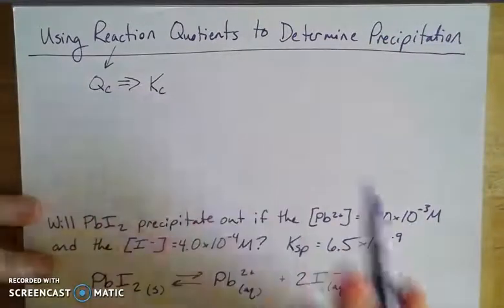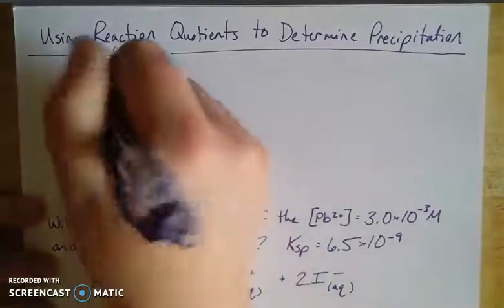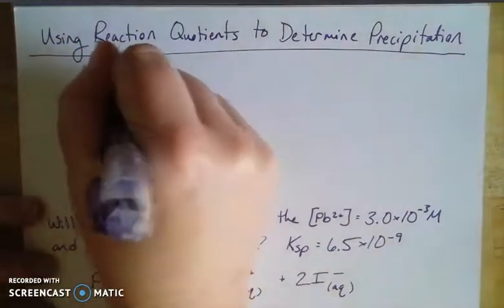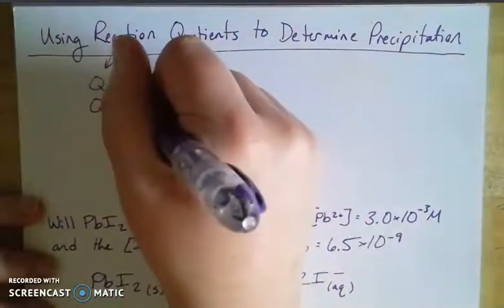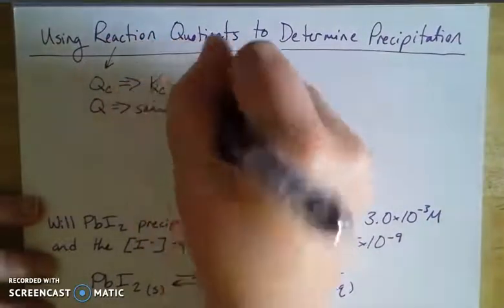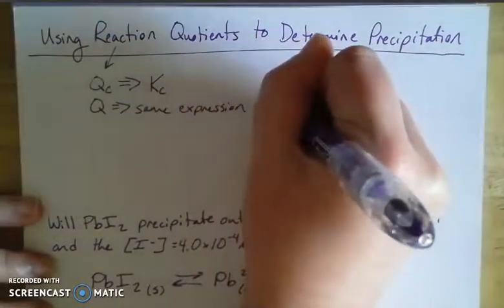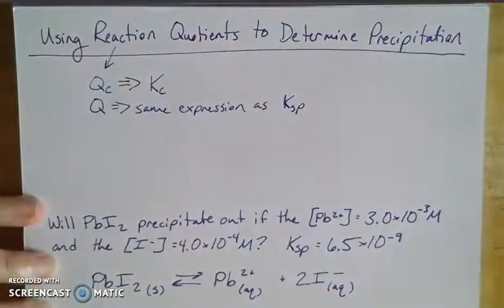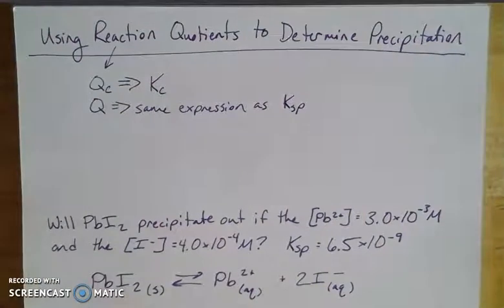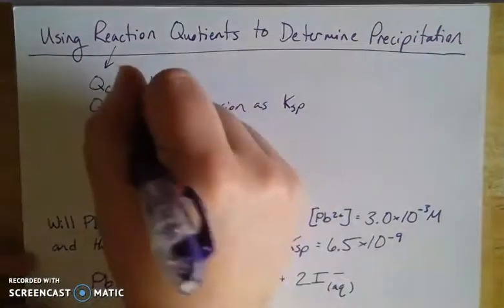You could have a QEQ also. In this context, we'll just call it Q, and again, it has the same expression as KSP. And in this context, we call it the ion product.